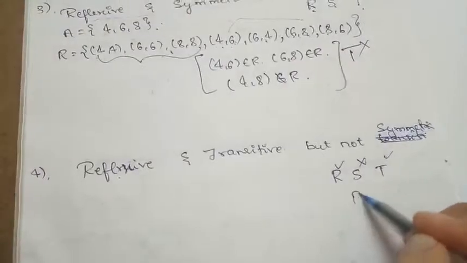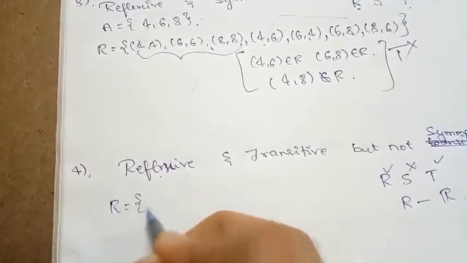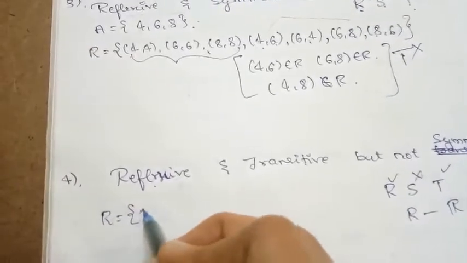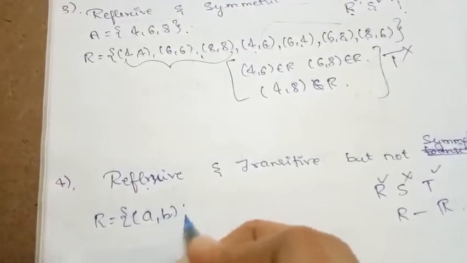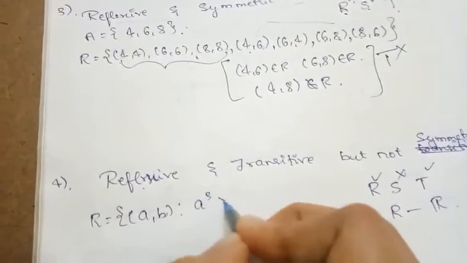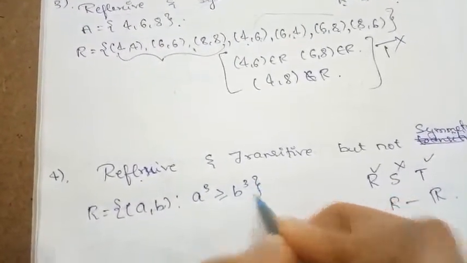Again I am defining a relation on the set of real numbers. I am defining the relation as a comma b such that a cube is greater than or equal to b cube.